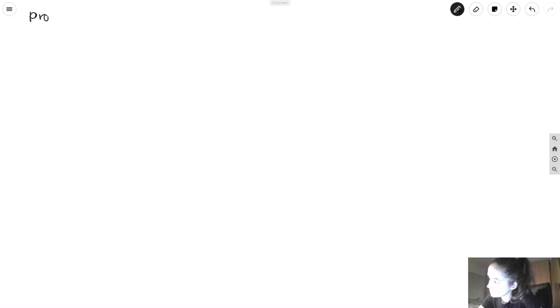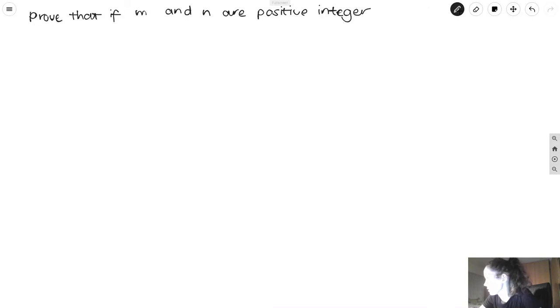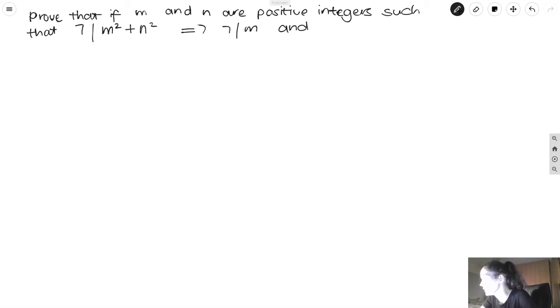Prove that if m and n are positive integers such that seven divides m squared plus n squared, and so if this is true, then we must show that 7 divides m and 7 divides n.